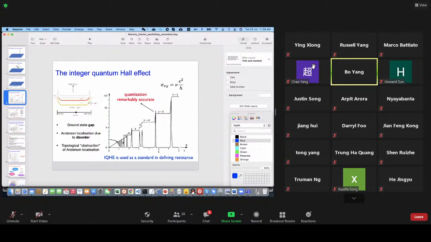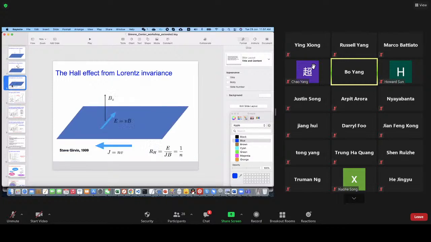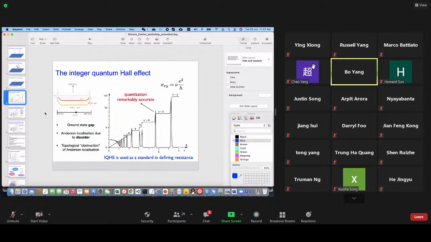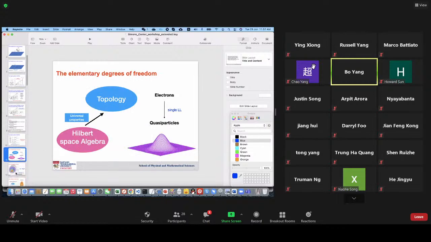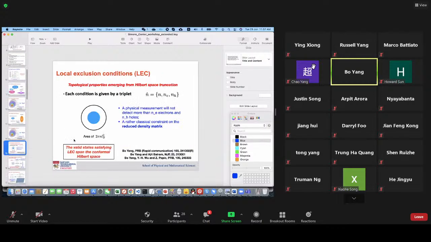I think that's the only idea conveyed by the original argument, which was first brought up by Steve Girvin in his lecture, which is a very interesting argument. In my description, I'm assuming translation invariance. In this particular system, I'm trying to understand the topological property of the system, but I'm not predicting the evolution of the plateau.